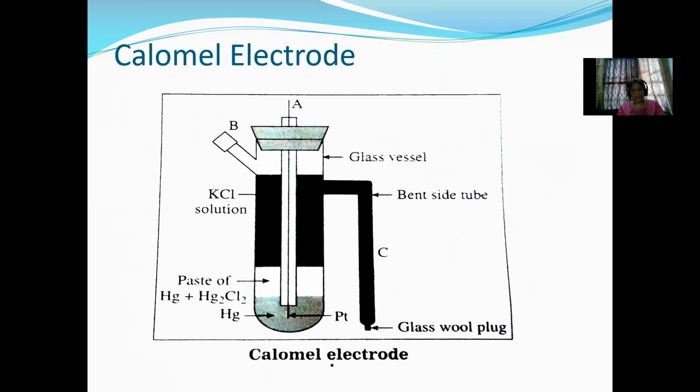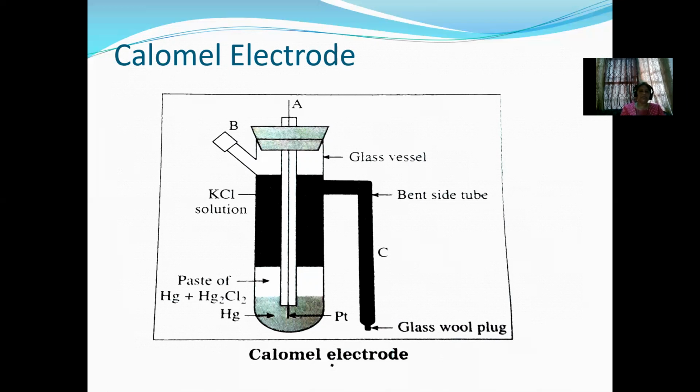So remember, I am now discussing the reference electrodes, focusing on the secondary reference electrodes, and the most widely used secondary reference electrode is the Calomel electrode. Remember, most widely used.